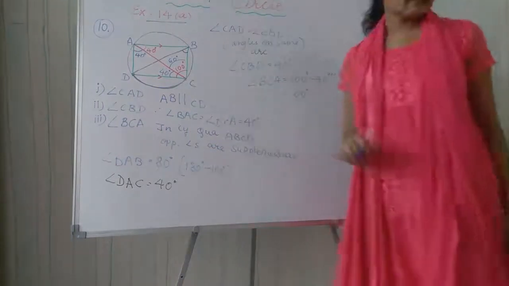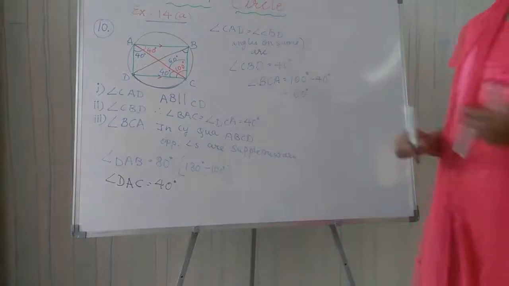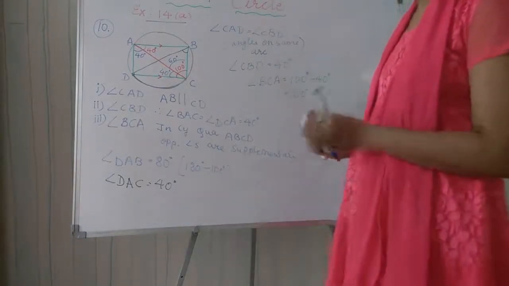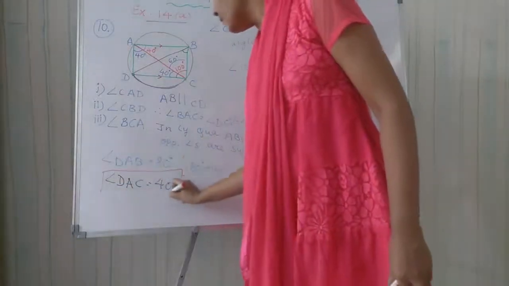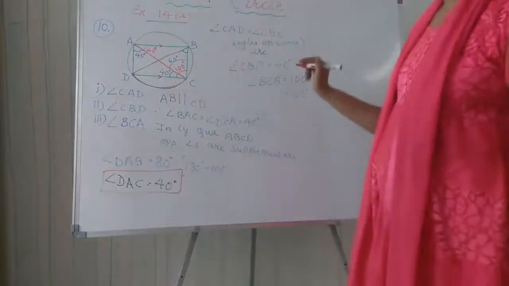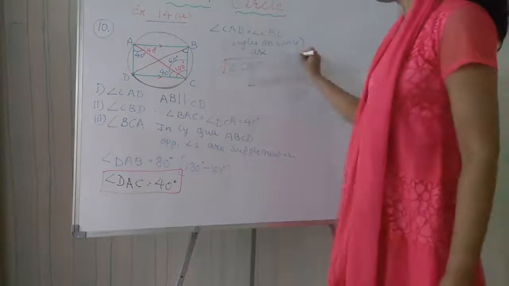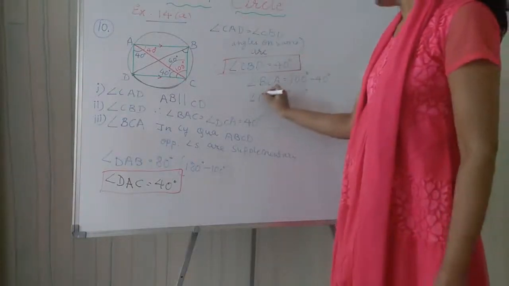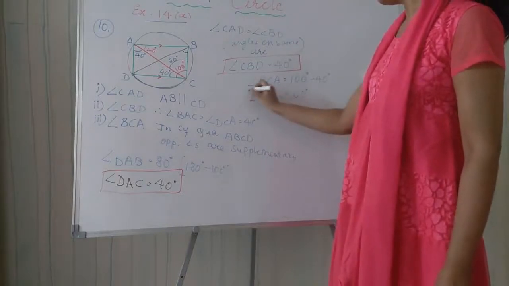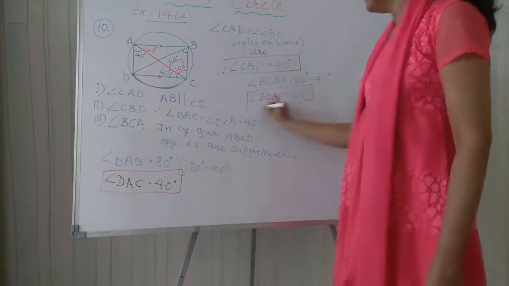So students, likewise we have found here all the three answers asked of you. First is DAC, this is 40 degree. Second is CBD, also 40 degree. And BCA, angle BCA is 60 degree.